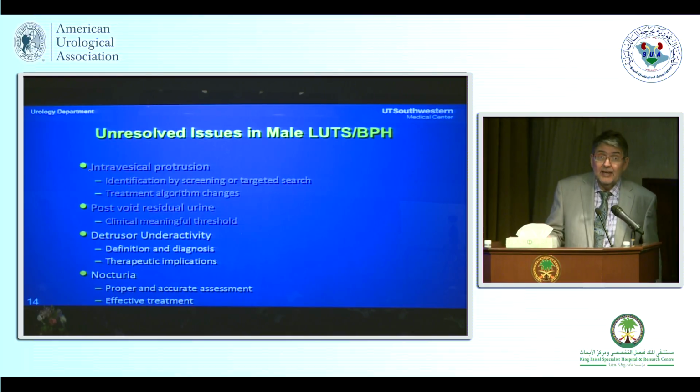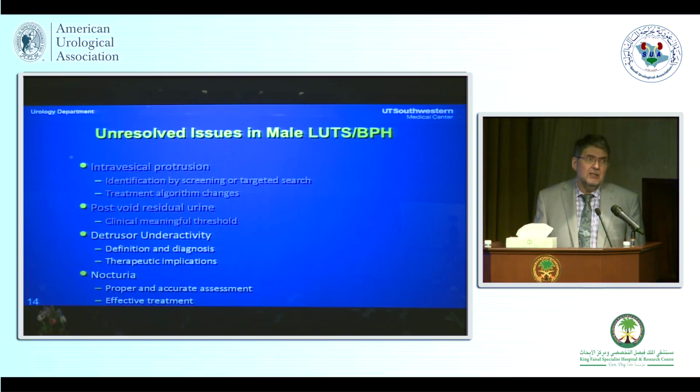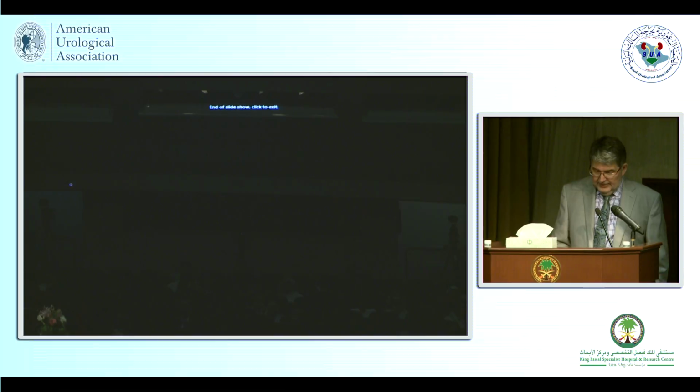And then there are two other categories, the detrusor underactivity and nocturnal polyuria and nocturia, that I didn't have the time to get into. So those are some of the areas in LUTS and BPH where I would like to see clinical patient-based research focused on, and what I would recommend for those who are interested in that.